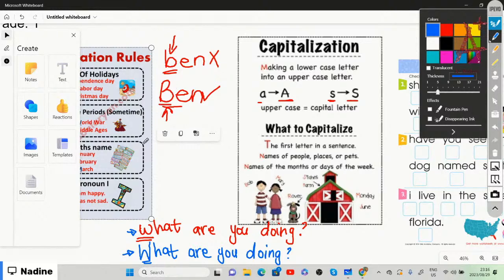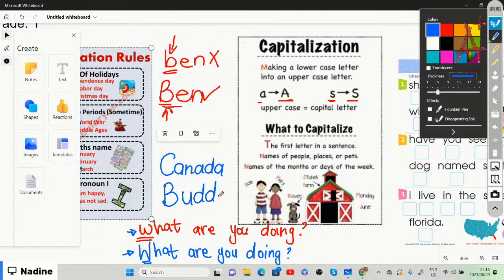So names of people, names of places, for example Canada. We write it with a capital letter C for Canada. Names of pets, so the name of your pet. If your pet's name is, let's say, Buddy, then Buddy needs to be a capital letter.